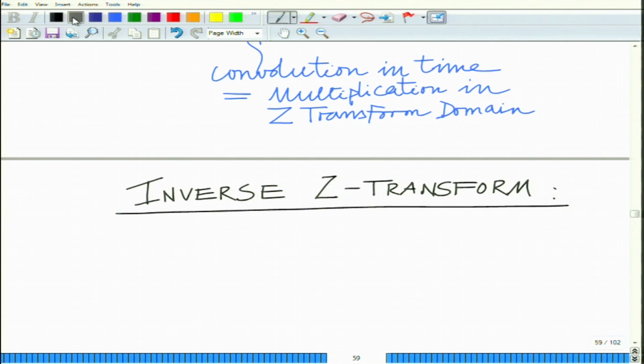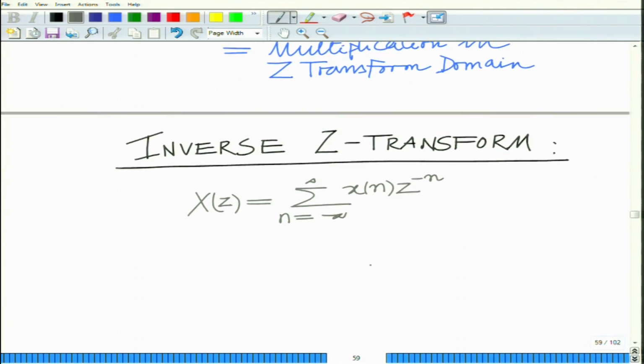Let us say we have x z equals summation n equals minus infinity to infinity x n z raised to the power of minus n. Now, the simplest thing we can do is express x z as a power series.